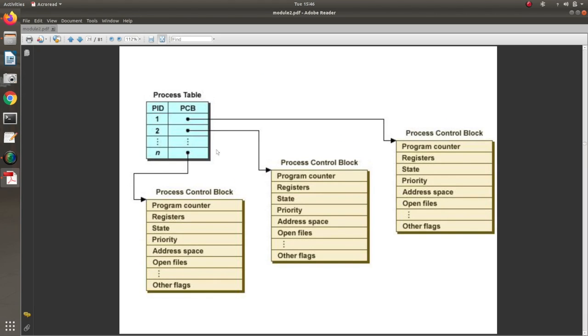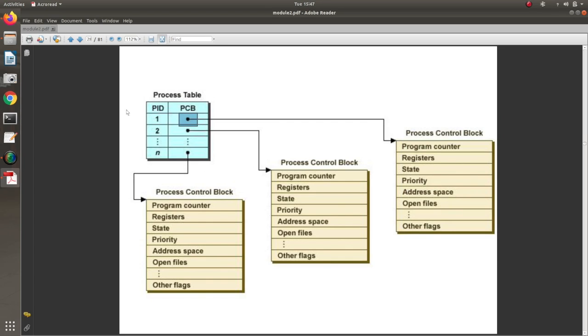Now, this is the process table. Each process has a separate process control block, and the address to that process control block is available in the process table. So the process with the PID 1 has, for example, the address 123. Its PCB is located at the address 123, and this 123 is stored in the process table.